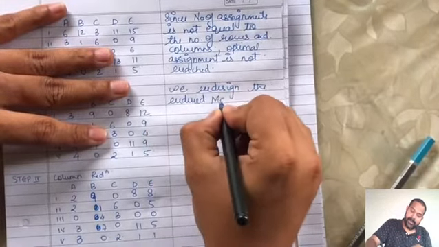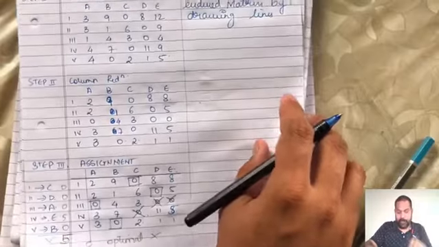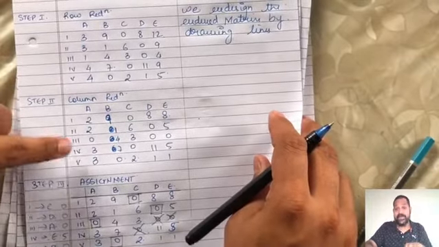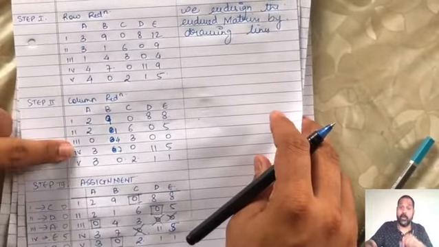Okay, so to draw lines, first let me write down, because again I don't want to draw lines in this only, I don't want to dirty this. You can. So see, some people in the column reduced matrix only they assign, and in that only they start drawing lines. I don't want to do that. That is why I am going to draw a new matrix here.